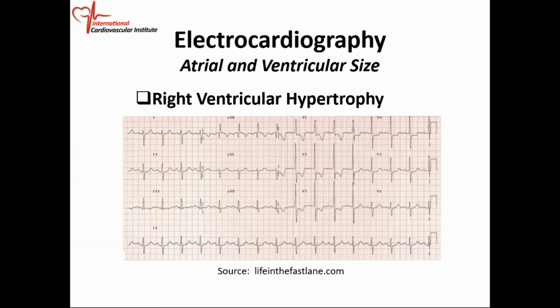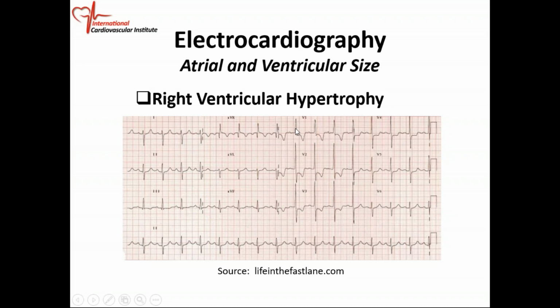Anything of 120 and greater is right axis. So we have big R waves in V1, V2. We have right axis deviation. We really don't see giant P waves there, but at least we have those two criteria. And then a very powerful criteria.